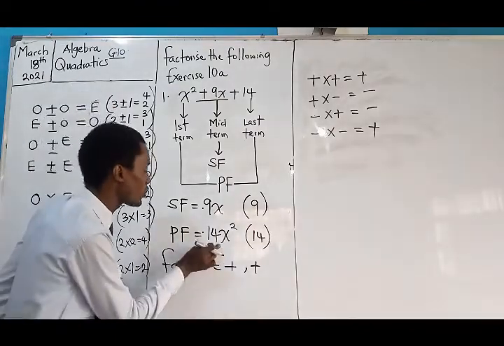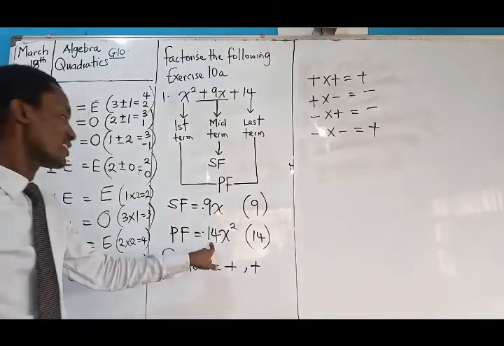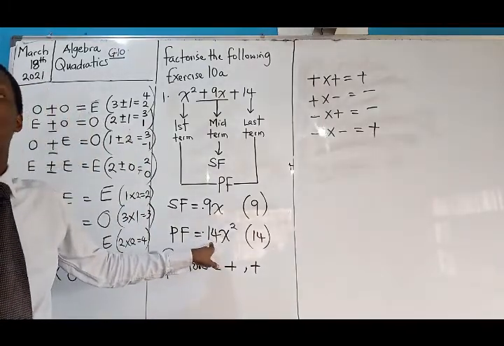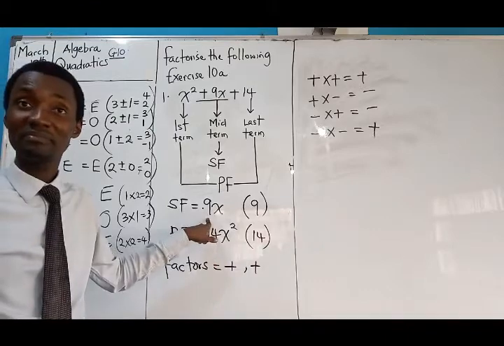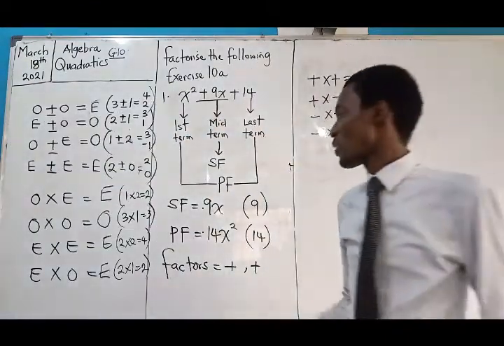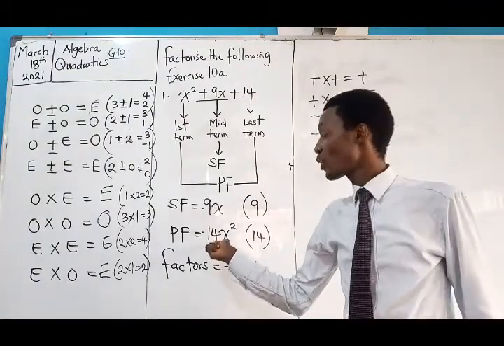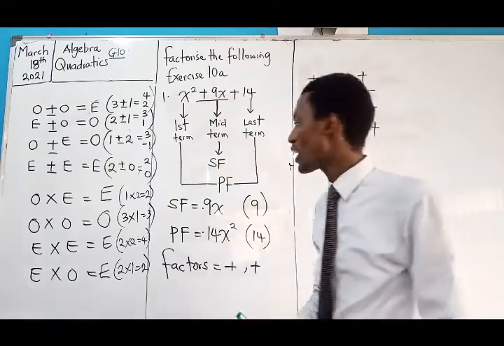Now, the next thing you need to look at to get the factors proper is your product. Look at this number. What's this one here? 14. What do you have here? What type of number is 9? Is it odd or even? What type of number here is even? Is that not? Now look at this.